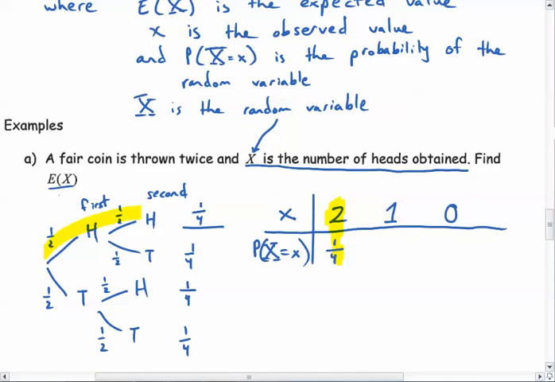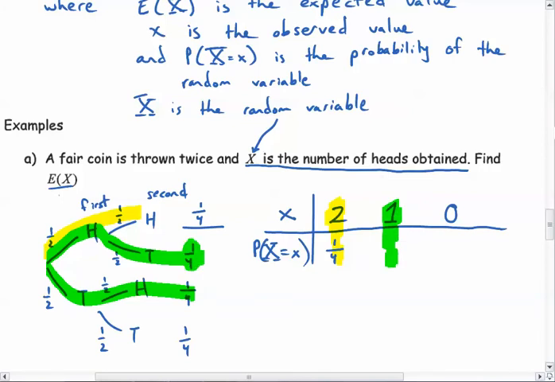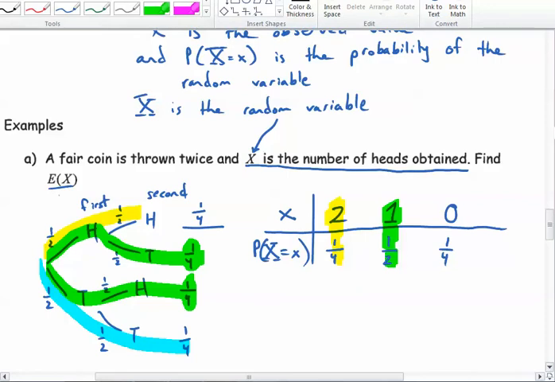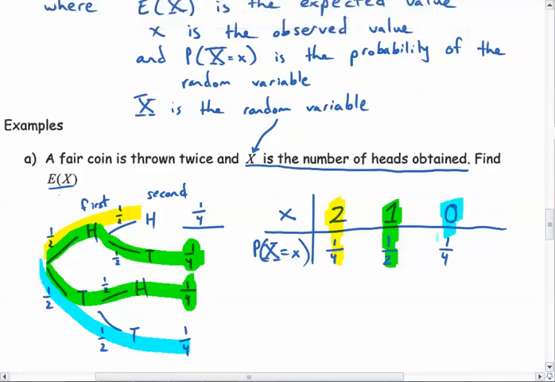Now there's 2 ways that we could get 1 head. Either we get the head first, or we get the head second. So we're going to add up both of those probabilities. 1/4 plus 1/4 is a half. And there's only one way that we could get no heads, if we toss tails and then tails. Tails and then tails has a probability of 1/4. That's 0 heads. Okay, so this is review from last class.